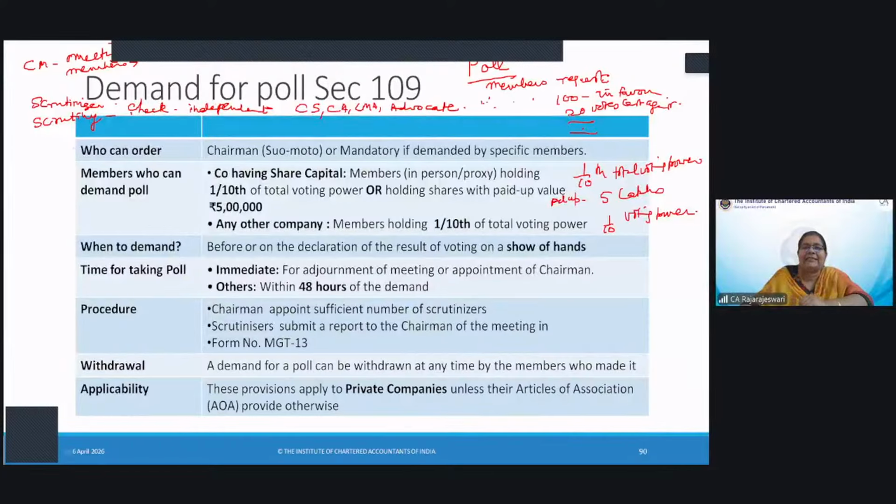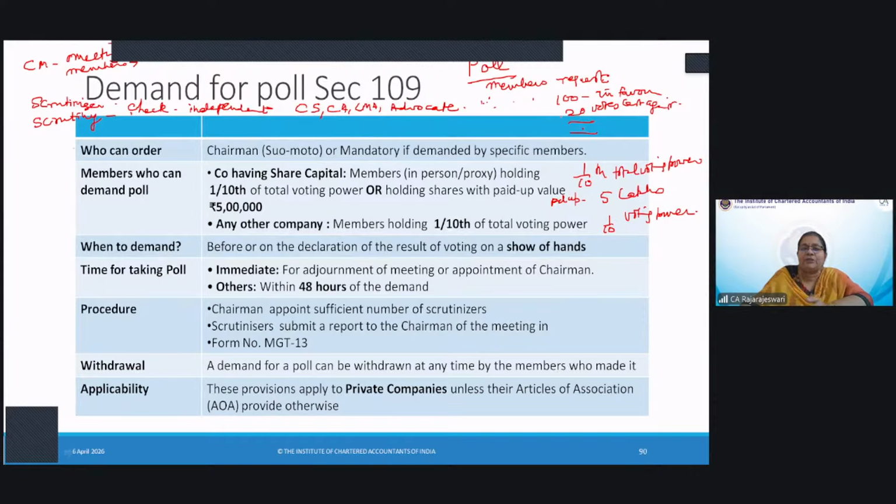He does the process in a fair and transparent way, and he gives the report to the chairman. The chairman, on seeing the report, will declare the result and publish it on the website of the company. So that is the concept. Even in a postal ballot, a scrutinizer is mandatorily appointed.